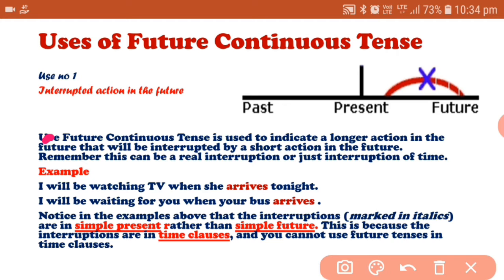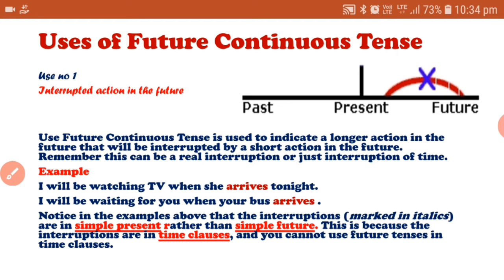Notice in the examples above that the interruptions are marked in italics. It means italic words. I have made them red. Here you can check.